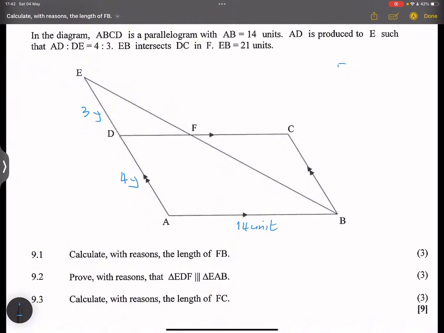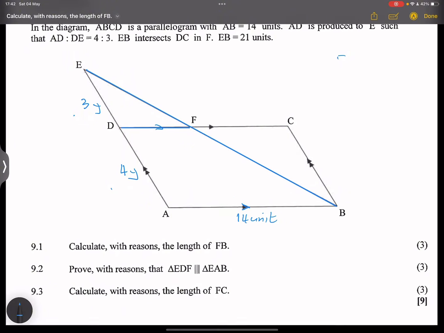So we want to find the length of FB. Now please, I want you to remember, guys, we know the whole side EB to be equal to 21 units. And we know the ratio of these two sides. Note that they've told us that we've got parallel lines there. So I've got parallel line DF parallel to AB, because that's a parallelogram. So we're going to use our proportionality theorem.